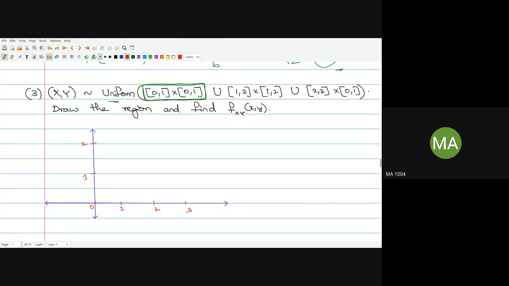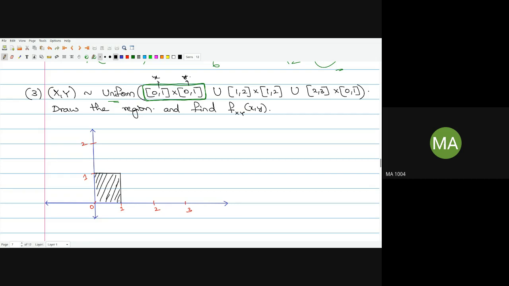Now the first region, 0, 1 cross 0, 1, represents this region. So x is between 0 and 1, and y is also, so this represents the x interval and this represents the y interval. This is the Cartesian product between x and y, and this gives us the area. So this will be the region.